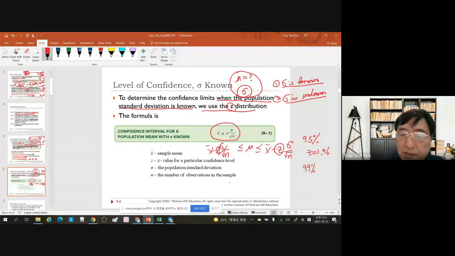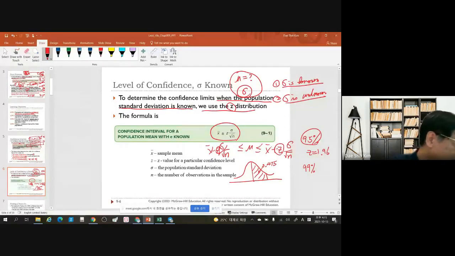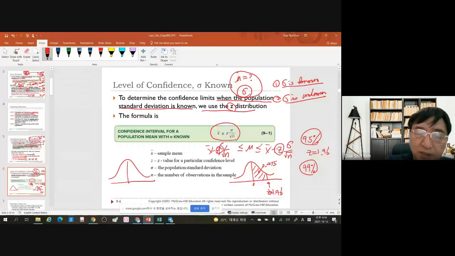For 95%, take half of it: 95% divided by 2 is 0.475. The Z value here equals 1.96. You know this one. How about 99%? Half of 0.99 is 0.495.